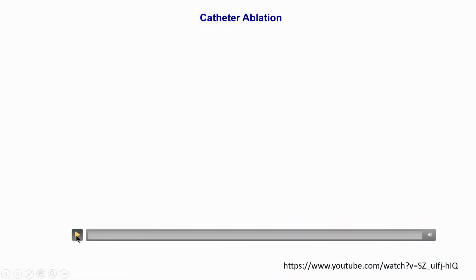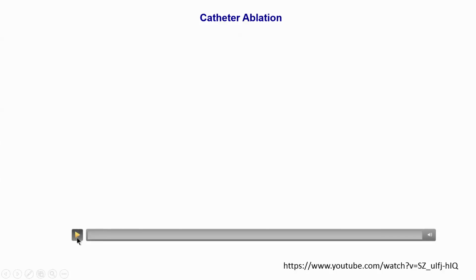This ablation is performed by a tool called a catheter. The electrical mapping is also performed by a tool called a catheter, right, a catheter for electrical mapping, a catheter for ablation. So, now let us see this particular video. If you see the screen, you can see this video where we will be looking at the catheter ablation.